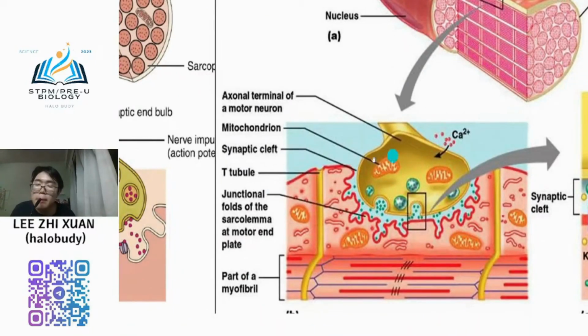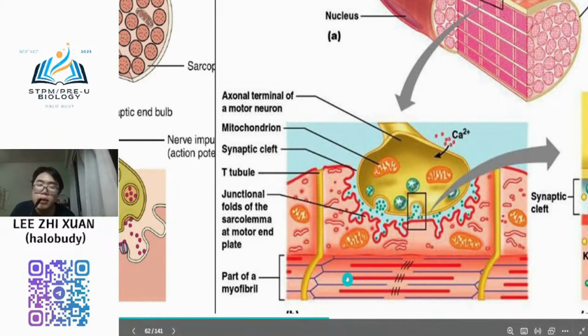This is the presynaptic knob, totally similar to what you've seen in synapse. Just the lower part is totally different. You can see that this is the muscle tissue, the muscle fiber, and this is the junction with the sarcomere.